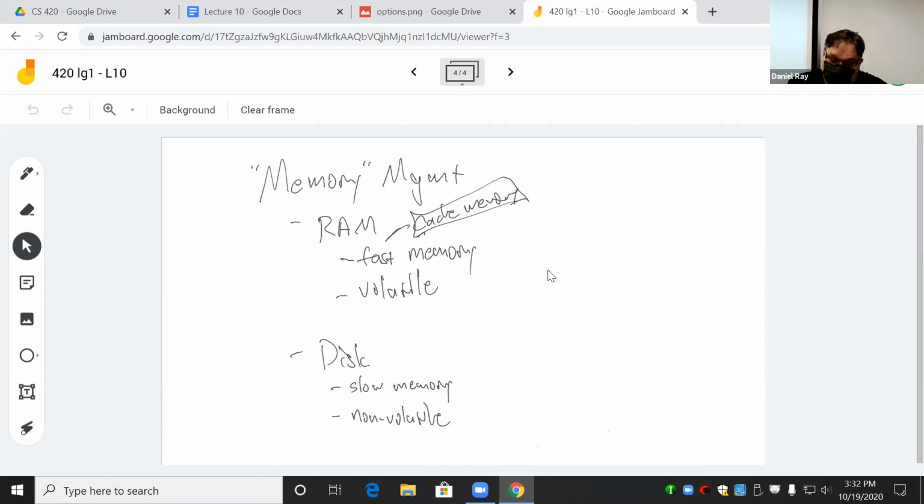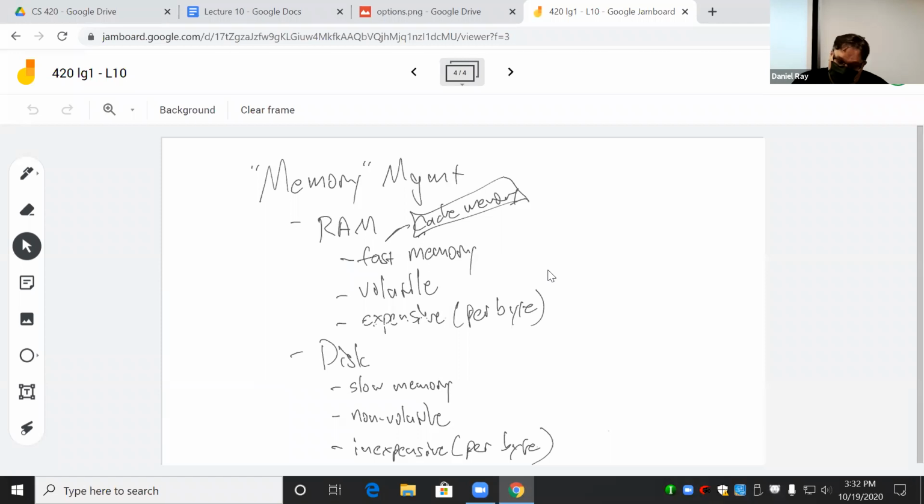Classically speaking, RAM is expensive per byte, and disk is inexpensive. Again, this is a general assessment per byte.